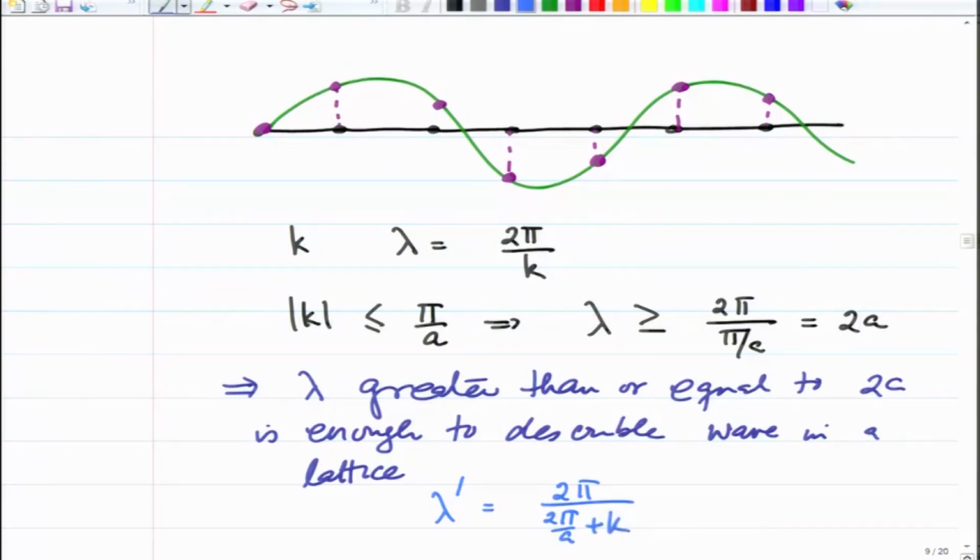You can calculate this, and what you would find is that the motion, if I plot this curve, each point is given the same displacement by the shorter lambda, and also its motion direction is the same. So, it does not matter whether I take lambda to be shorter, corresponding to k prime, or that lambda larger than 2a.